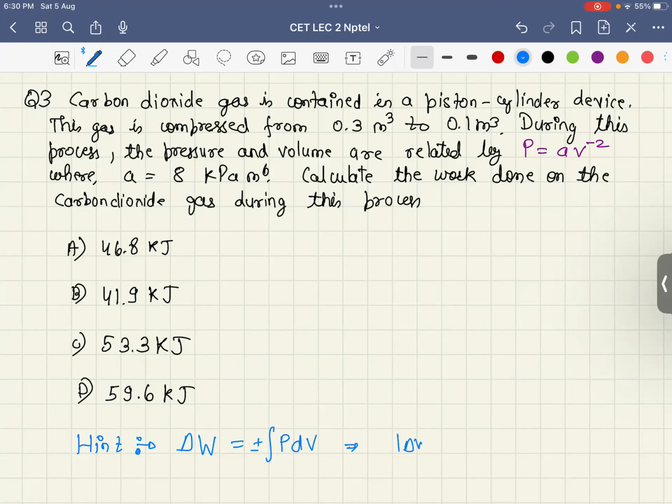For example, delta W is going to be integral PdV, where volume changes from the initial value to the final value. Here, you are already asked what is the work done, which means the sign is already inherent in the work. So you just need to find the absolute value. I'll give you 5 minutes to solve it.